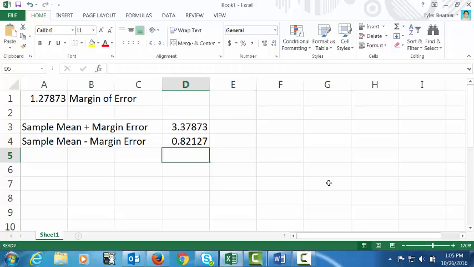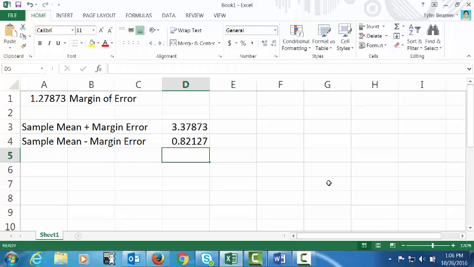So here's our confidence interval: 3.37873 to 0.82127. So we're saying that with 90% confidence the true population mean for weight loss is going to be between those two numbers.